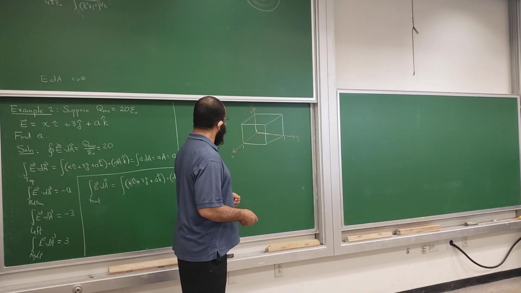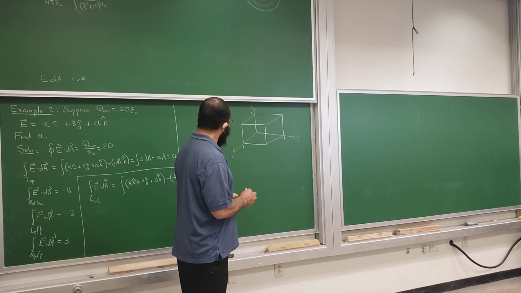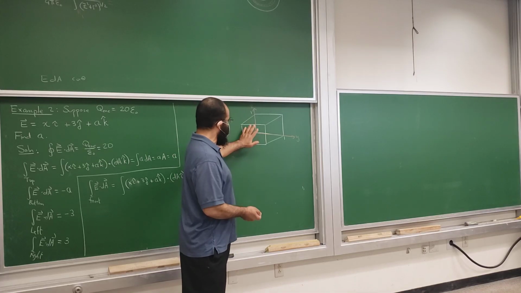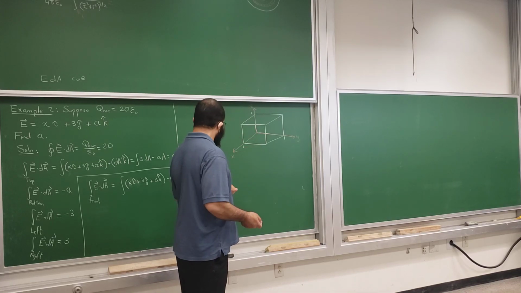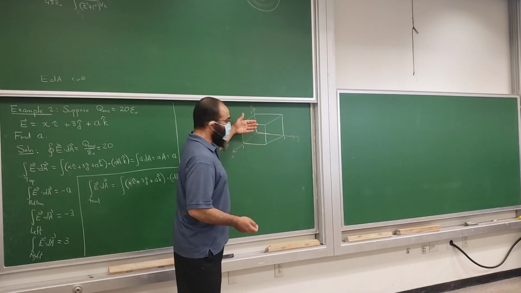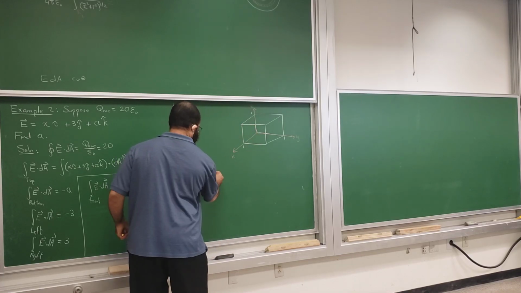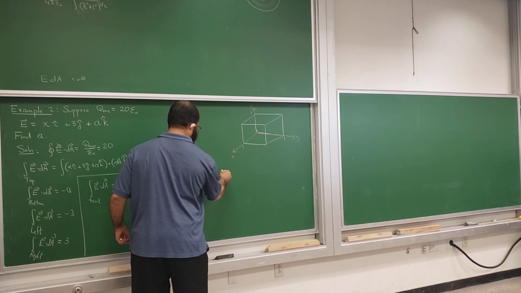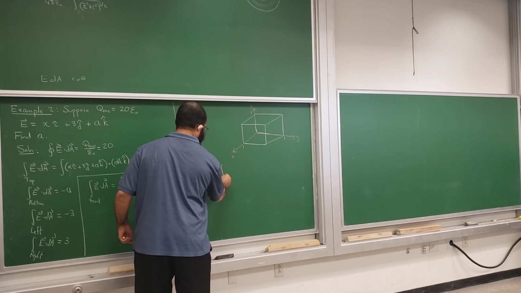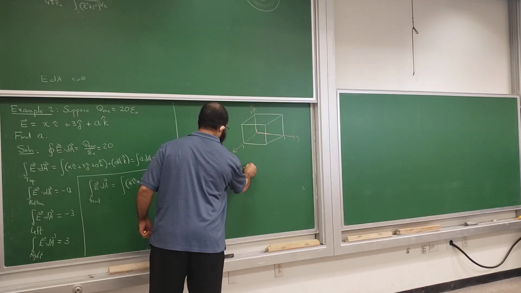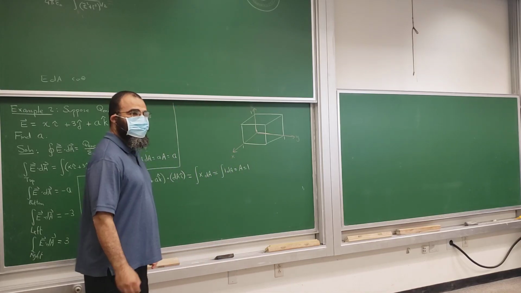Yes, actually, x is constant. How much is x in the front end? Just 1. Do you agree that x is 1 in the front end? So you get this, and a is 1.